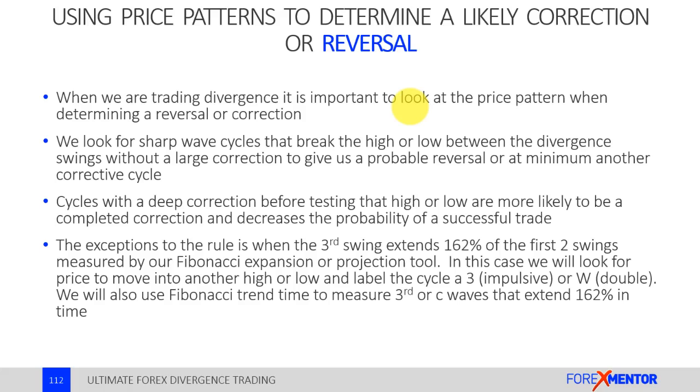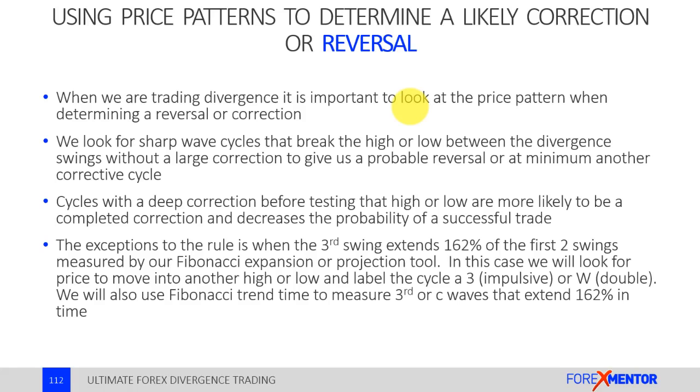We will also use Fibonacci trend time at times to measure third or C waves that extend 162% in time. Okay, and that's 162% in time of the A and B or the 1-2 waves. So you'll see sometimes where it'll almost look like you have a price extension, when we actually don't.